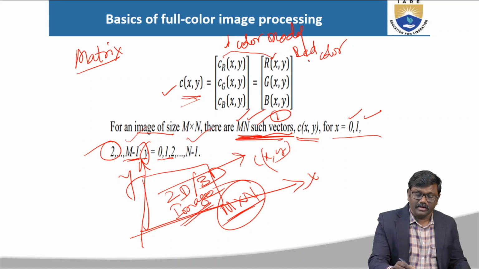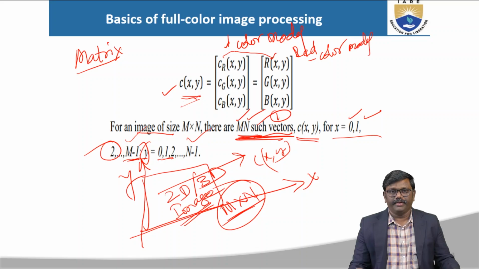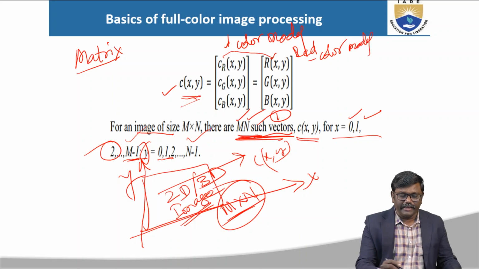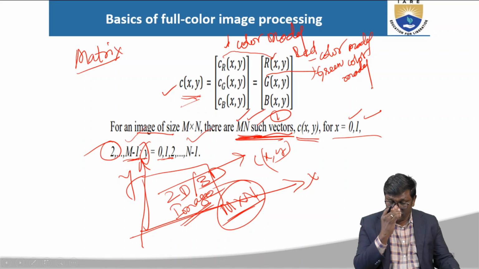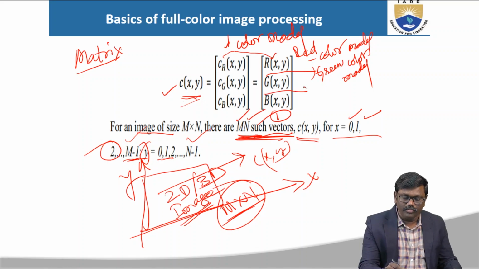Next, G is the green color model. And B is the blue color model.